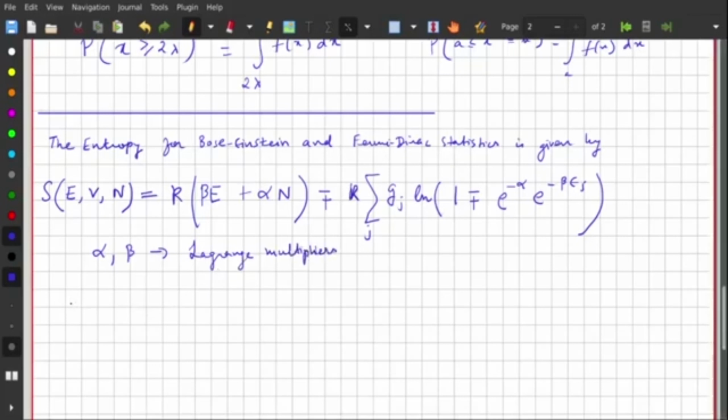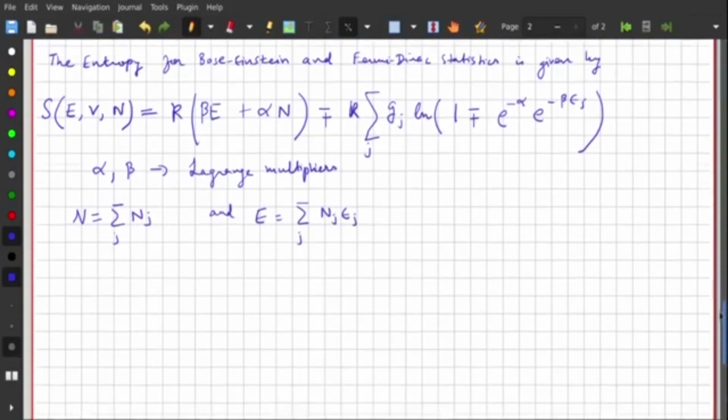And n is the sum over j of nj, and the total energy E is the sum over j of nj epsilon j. Okay, so those are the things that are given.